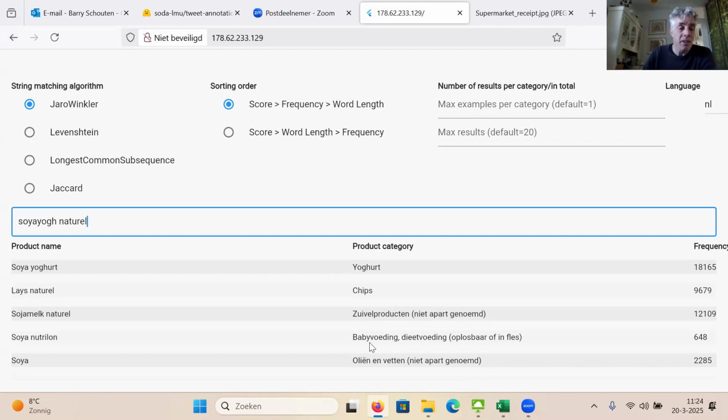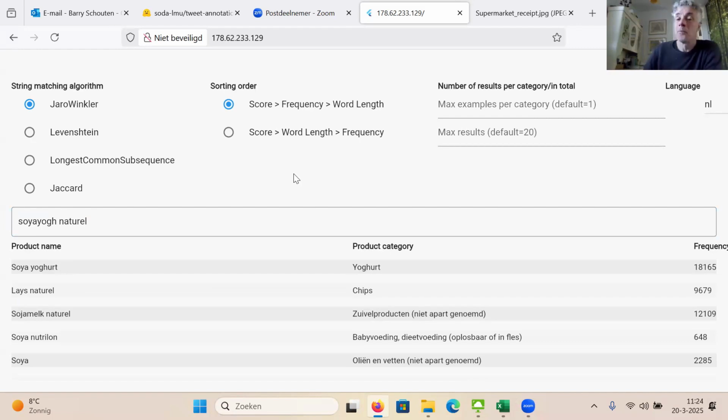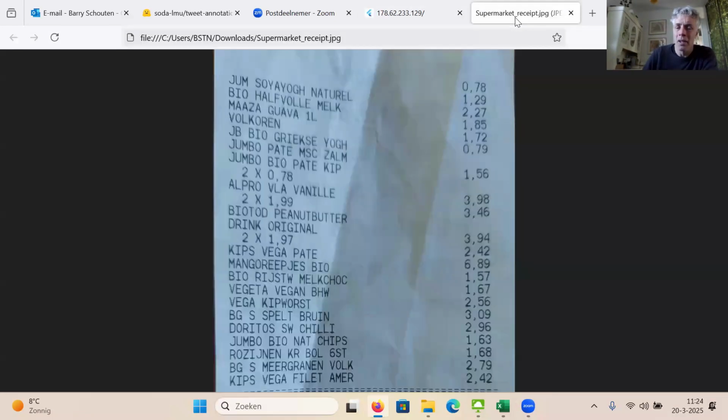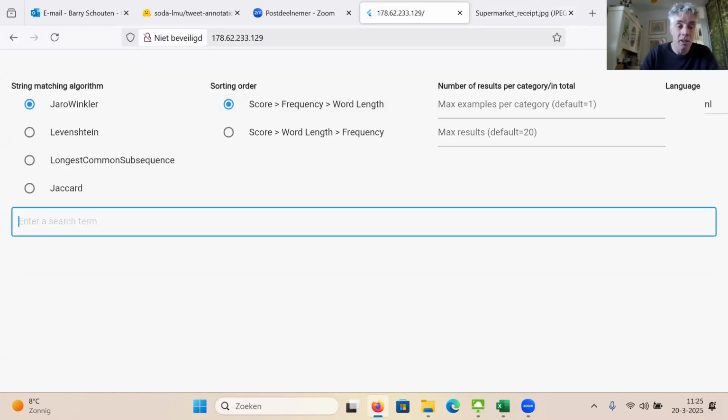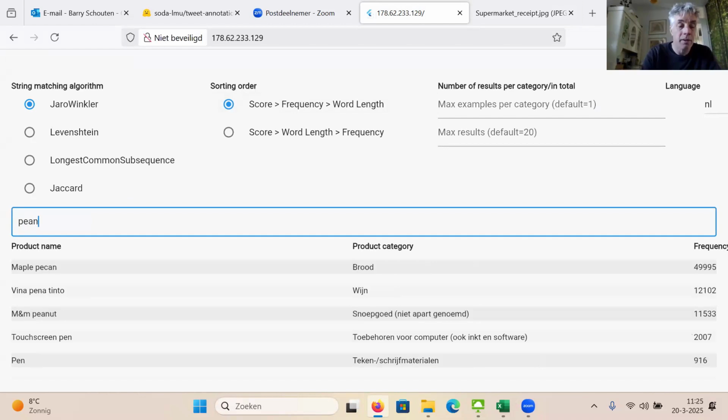So you see here the COICOP categories that have already been assigned by others. So now I can say, okay, this is the one that I have, soya yogurt. So this will be recorded. The text soya yogurt naturel is linked to soya yogurt, and then therefore also to the COICOP category. Let's look for another one. So here I have peanut butter. That would be a challenge because we're in a Dutch receipt, Dutch supermarket.